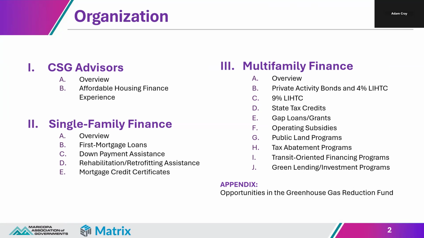And then finally, I have an appendix on opportunities under the Inflation Reduction Act, specifically the Greenhouse Gas Reduction Fund, because we talk about it a few times in both the single family and multifamily sections, and it's a really important opportunity right now. We have a moment to access a very large amount of funding under the IRA for green lending and investment programs. So we'll let you peruse that appendix later on.